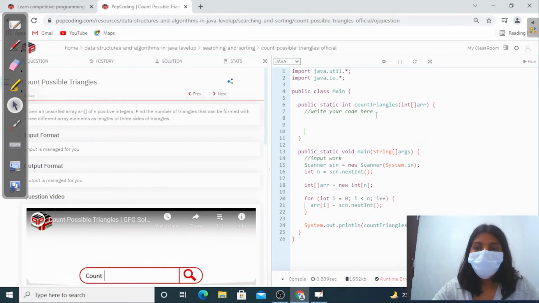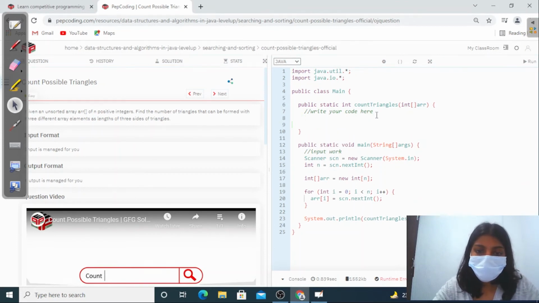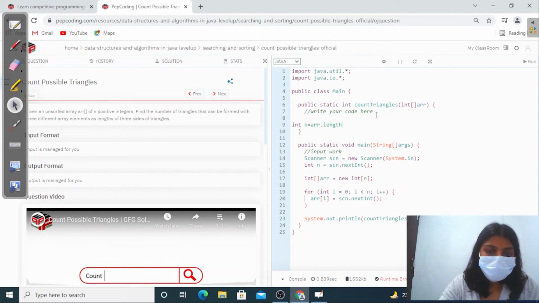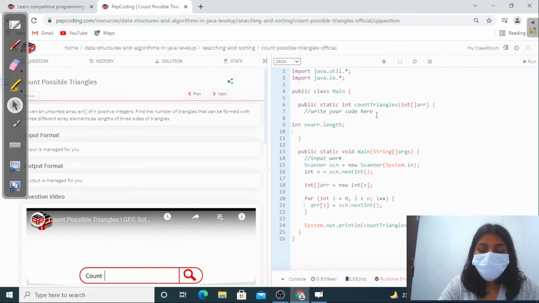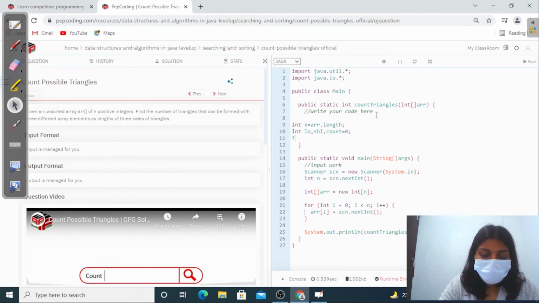Now let's write the code. Int n is equal to arr.length. Let's make my low, second highest, and count equal to 0, and let's run a for loop.